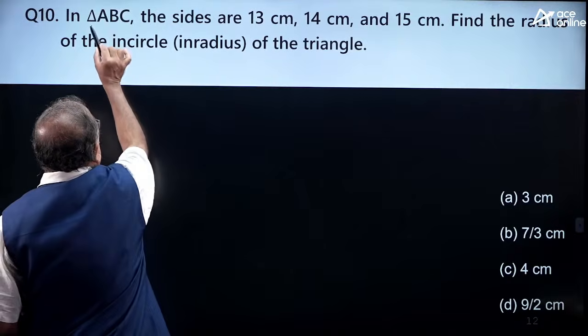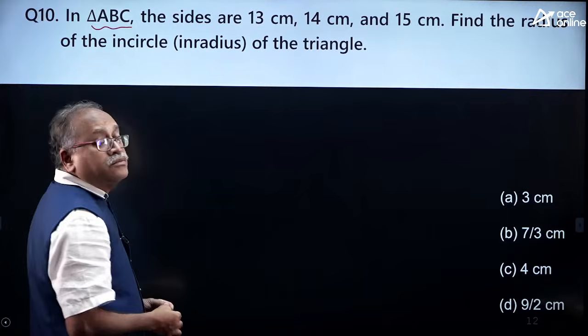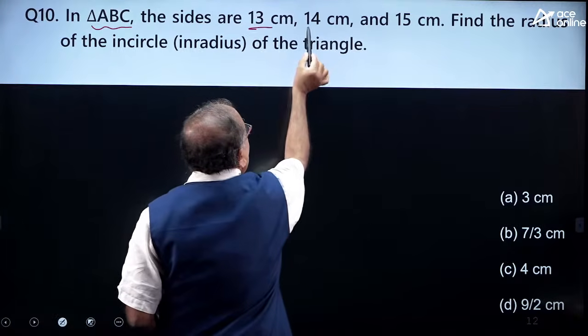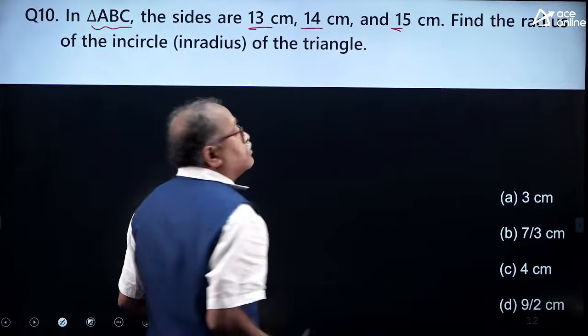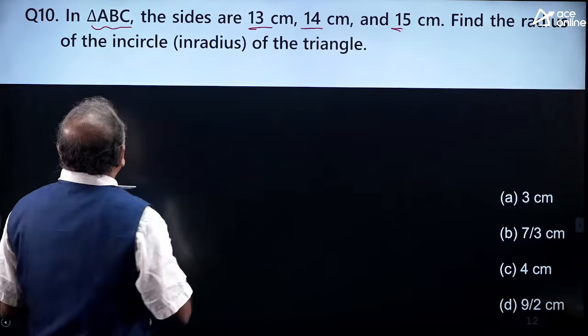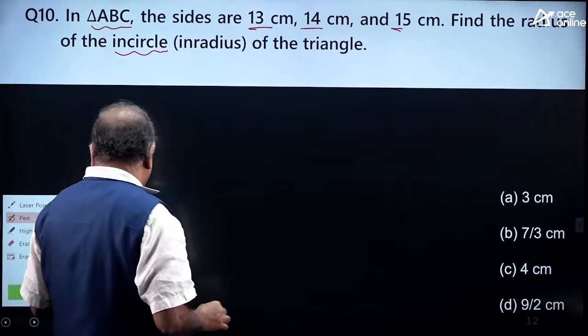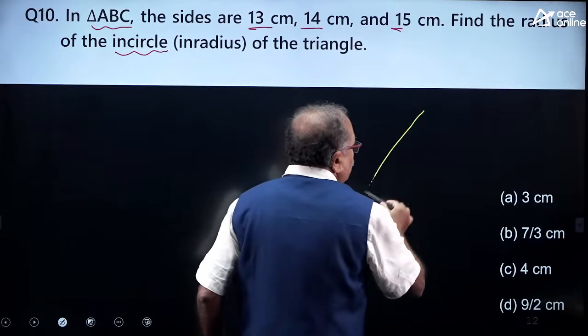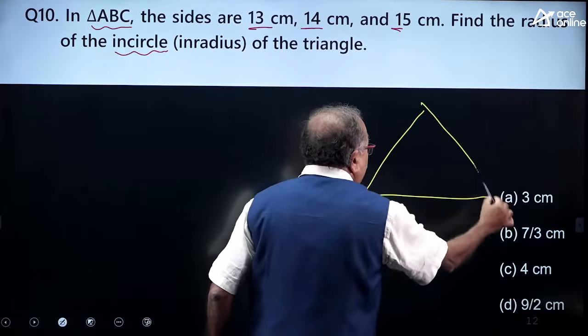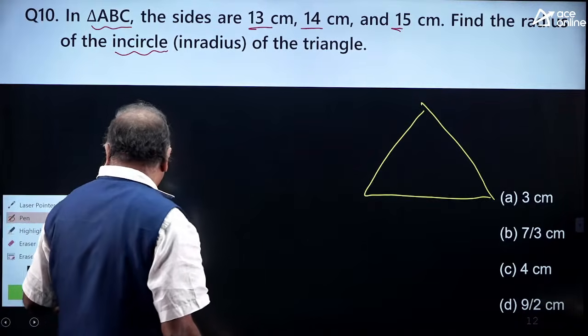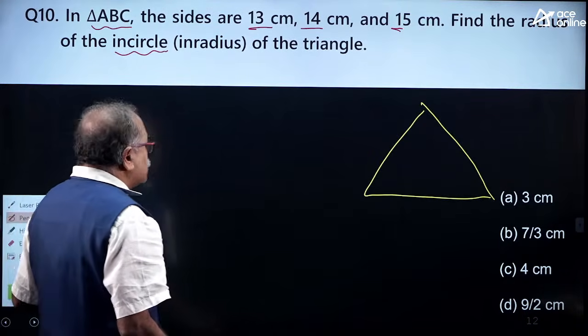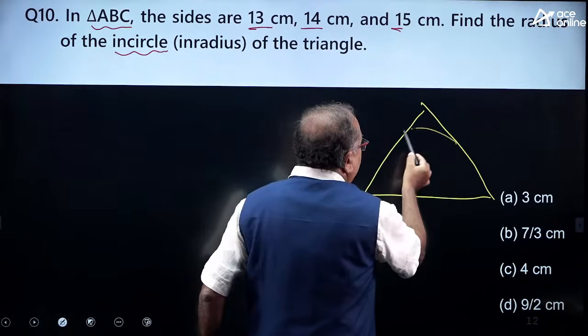That is, a triangle is there, triangle ABC of a side 13, 14 and 15. Find the radius of the incircle. Obviously, here you are expected to know the radius formula. So, there is a circle here, incircle.